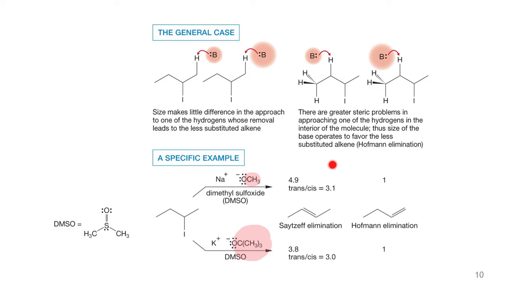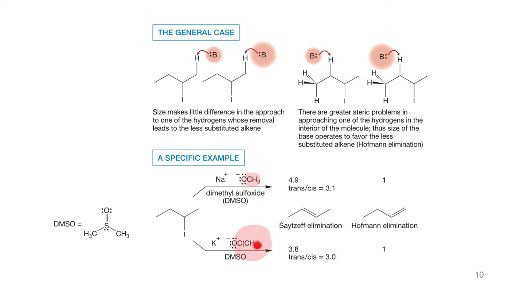So here we have the proportions of these 2 elimination products. We get about a 5-to-1 mixture of the Zaitsev product versus the Hofmann. But with the large base, you can see that the proportion of the Zaitsev product drops. And so we're getting less than a 4-to-1 ratio between the 2. It doesn't completely favor the Hofmann, but it changes it considerably.